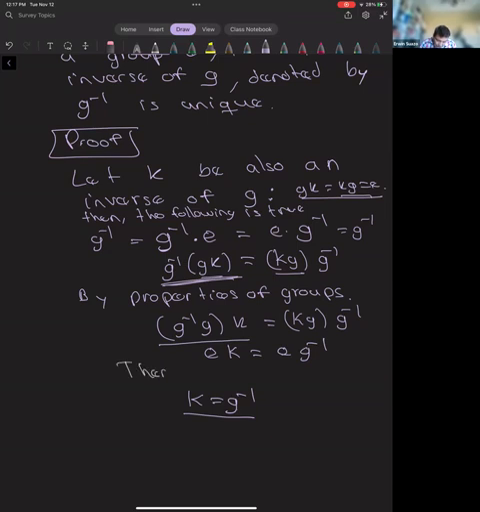Therefore K equals G inverse. Therefore the inverse of G is unique.